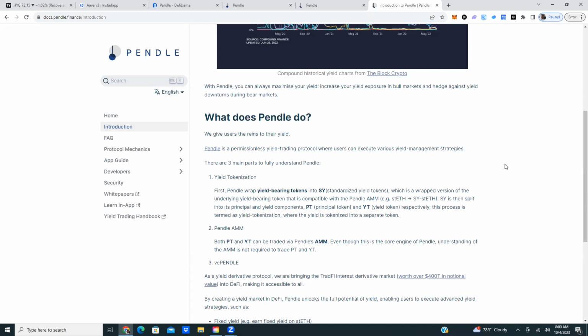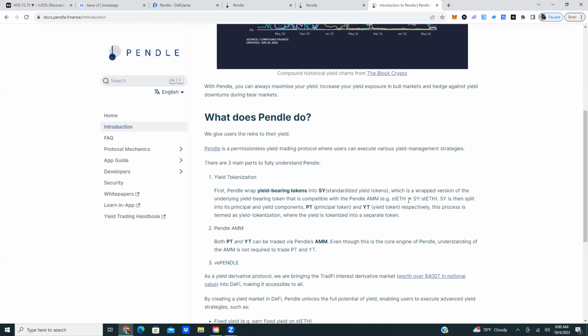Interesting. So the standardized yield token is going to be the wrapped version of the underlying yield-bearing token that's compatible with Pendle's system. The same thing that we just took a look at as far as the stETH goes, it's operating in the exact same way.